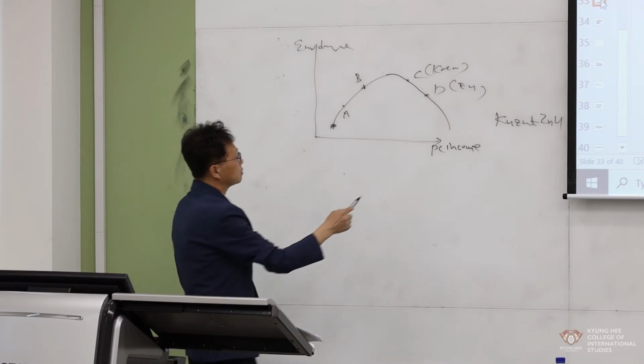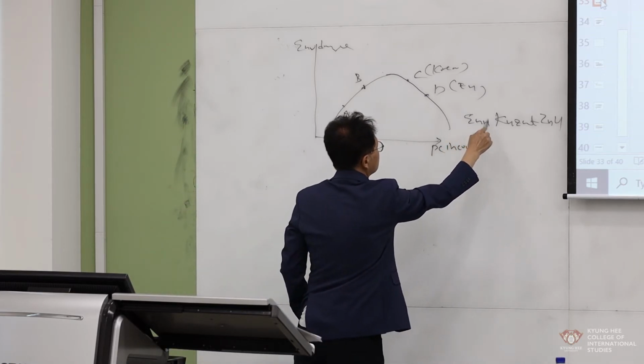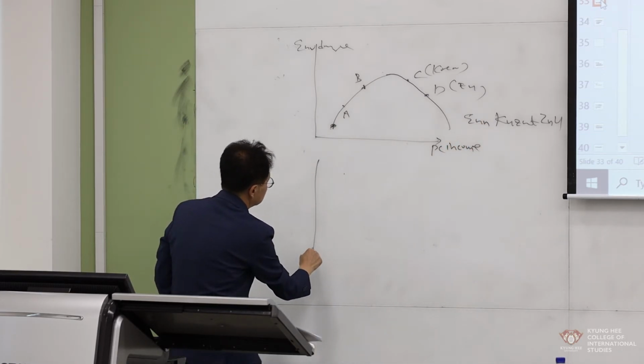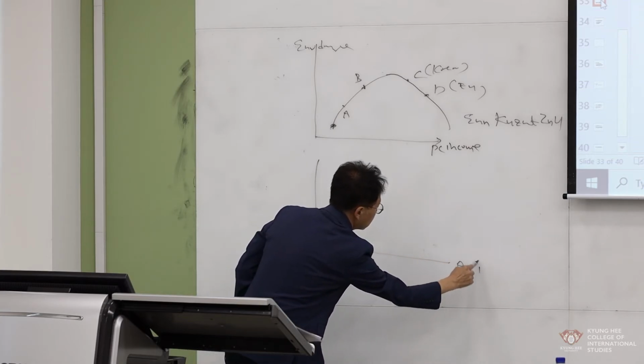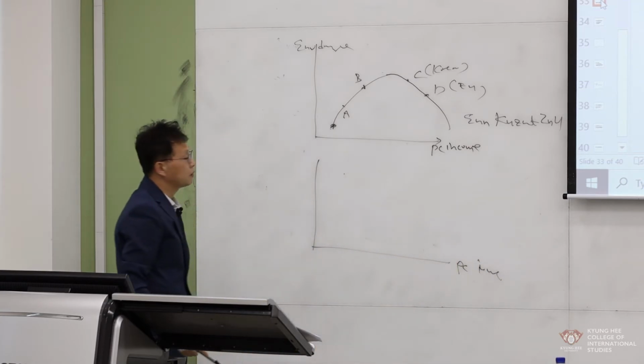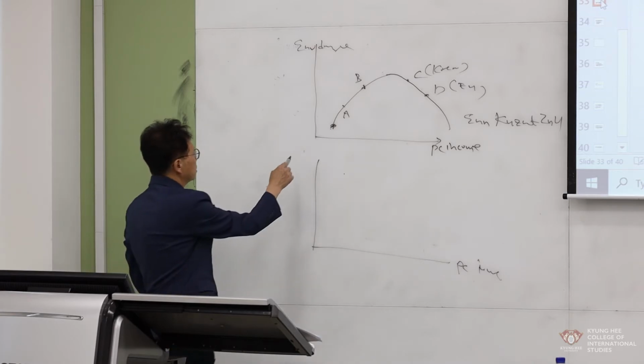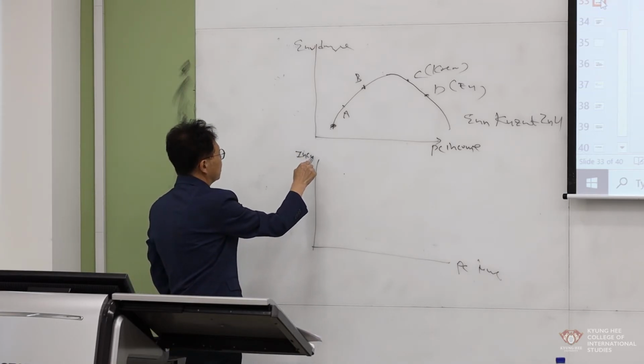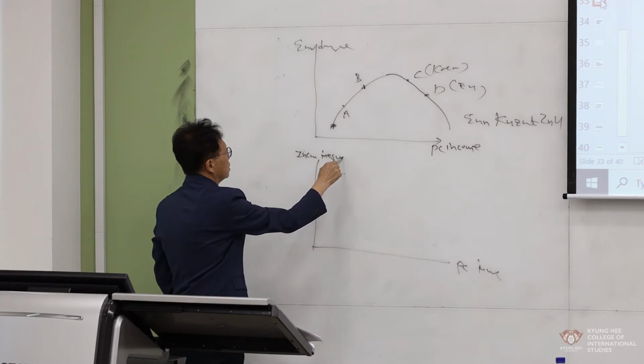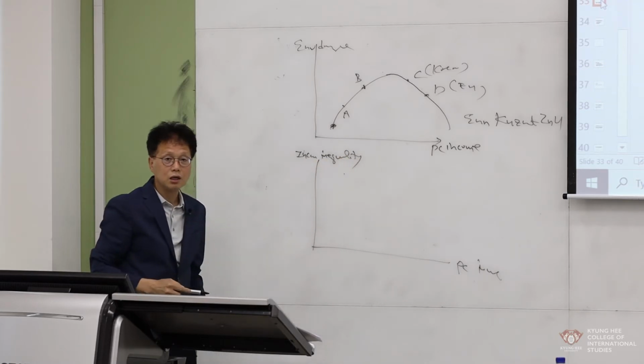The original Kuznets curve is different from the environmental Kuznets curve. The X variable is per capita income, and the Y variable is income inequality. Right?